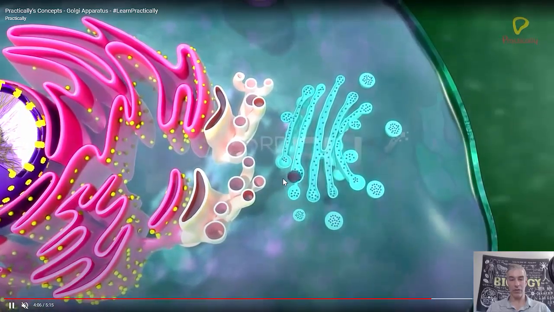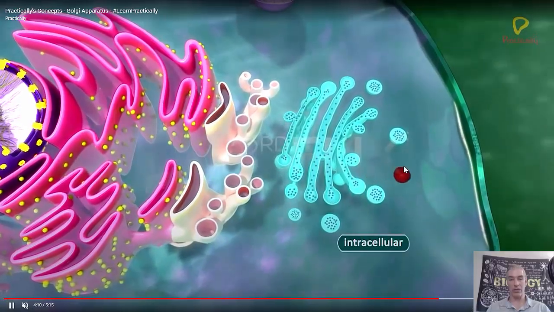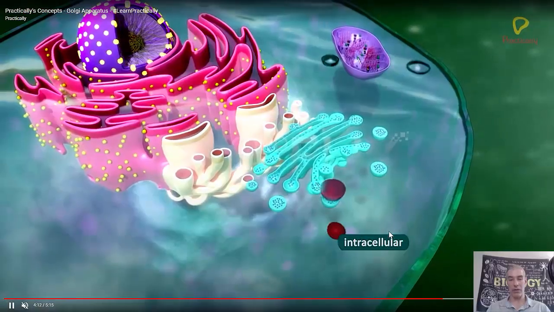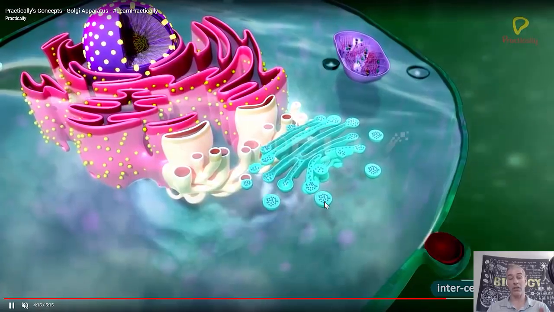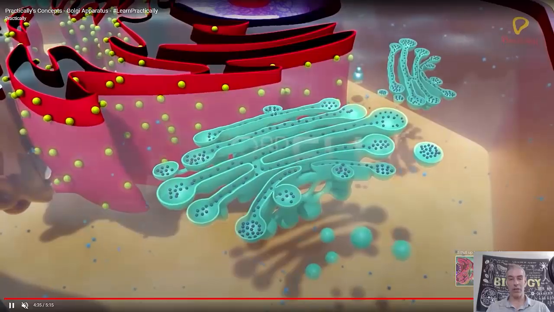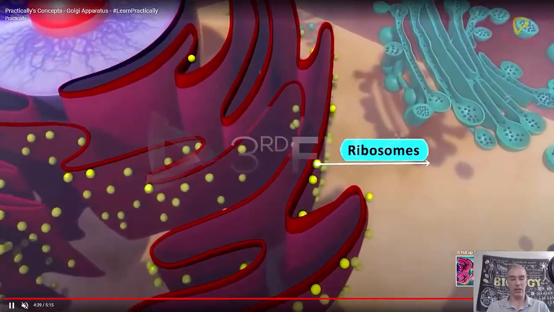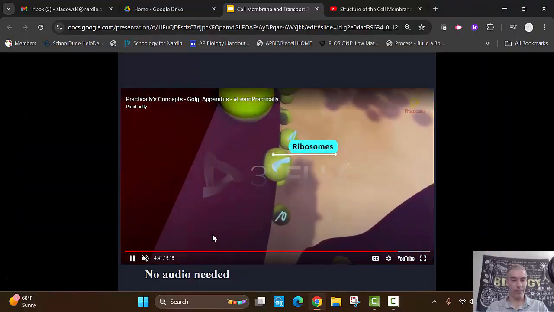You can see the vesicle going from the endoplasmic reticulum to the Golgi. The Golgi then shoots the vesicle out, and some of them are intracellular, some are extracellular, and it releases it. I don't love the way they made that vesicle look, though, because the vesicle will just release its contents. It's not like the whole vesicle leaves the cell.